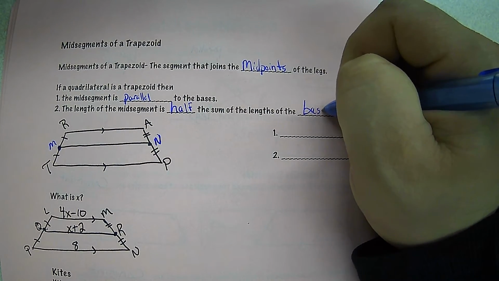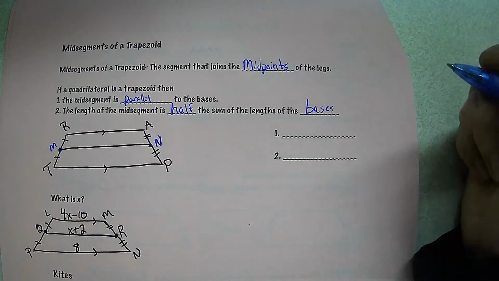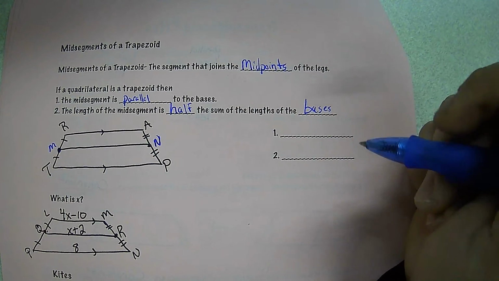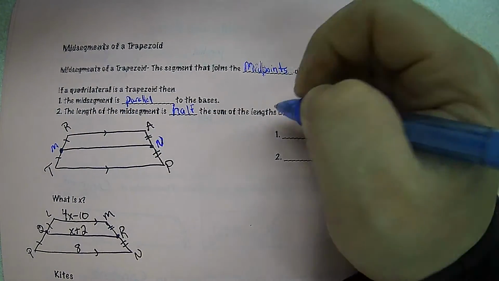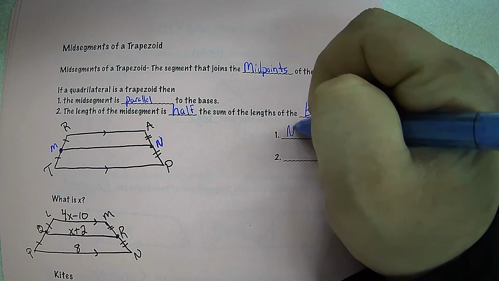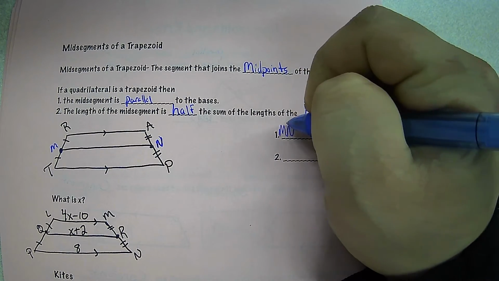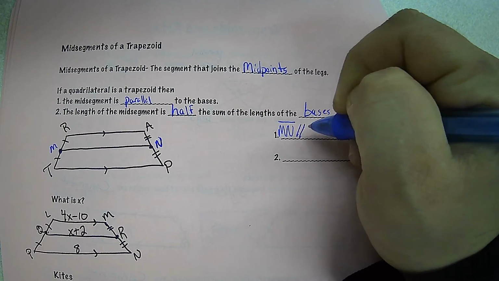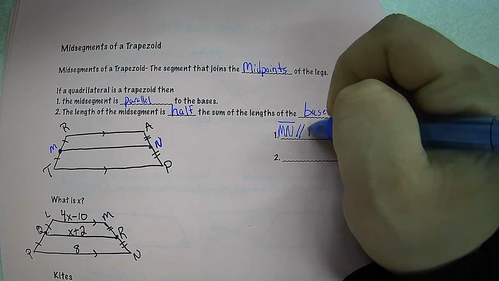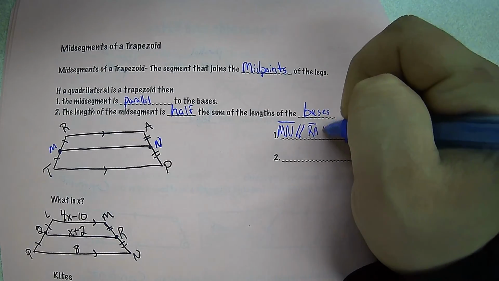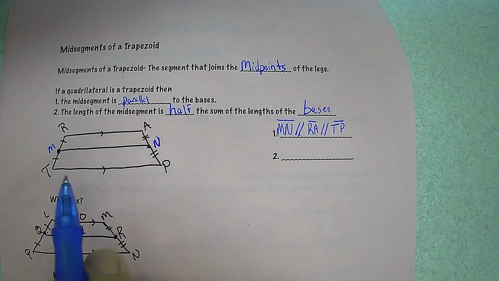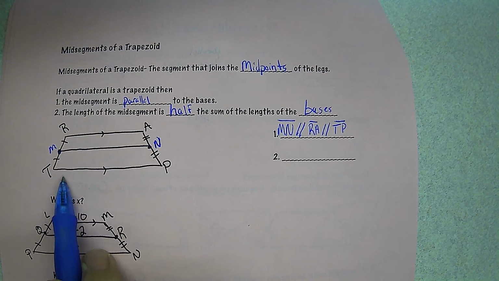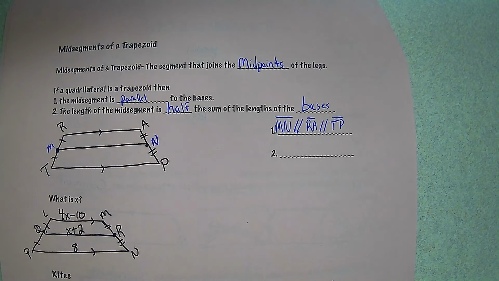So what that means, one, the mid-segment's parallel to the base, so MN is parallel to RA, and it's parallel to TP. MN's parallel to RA and TP.